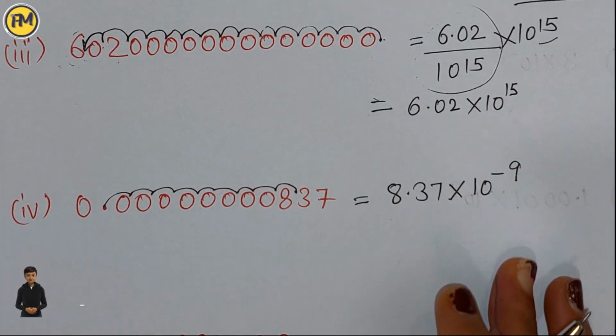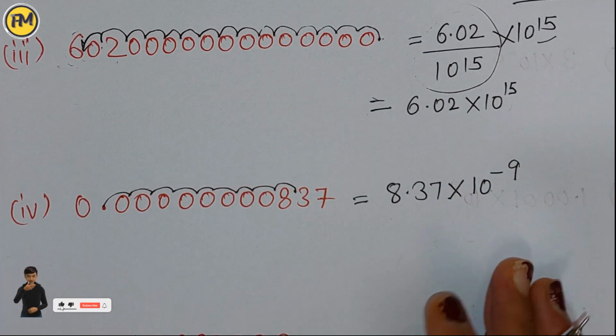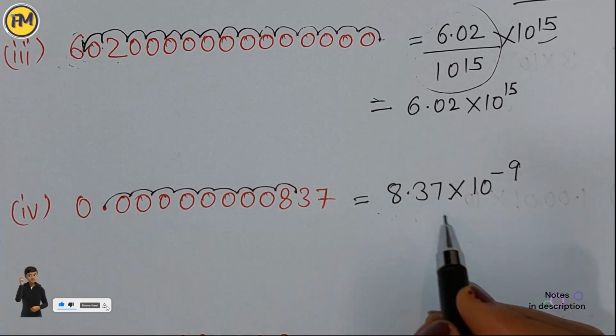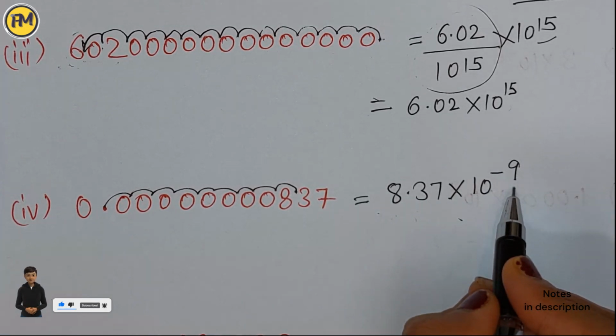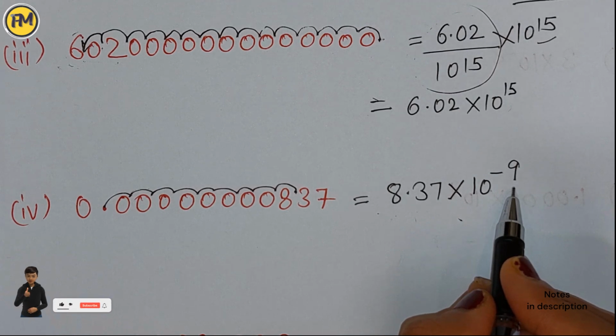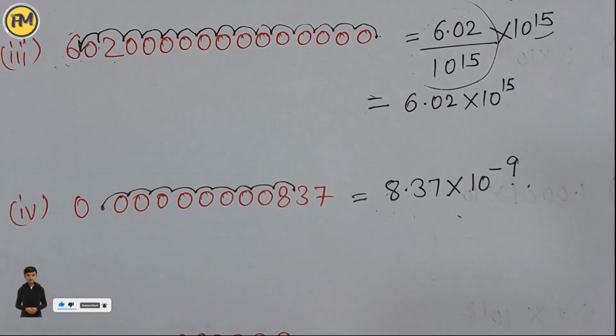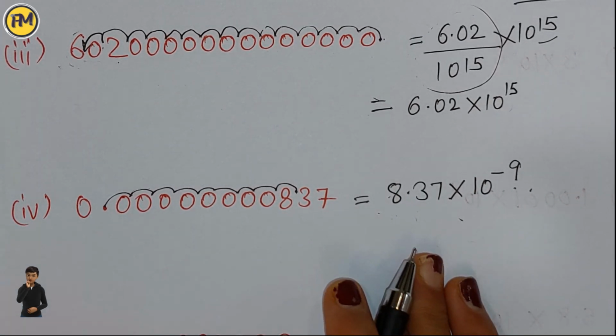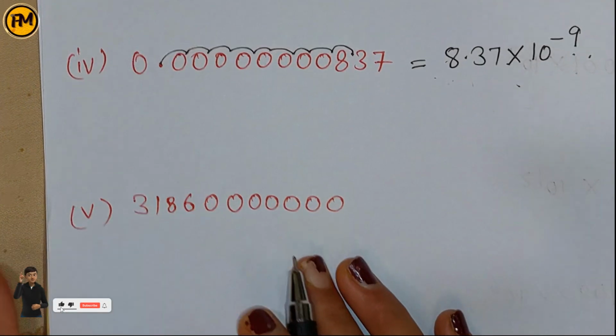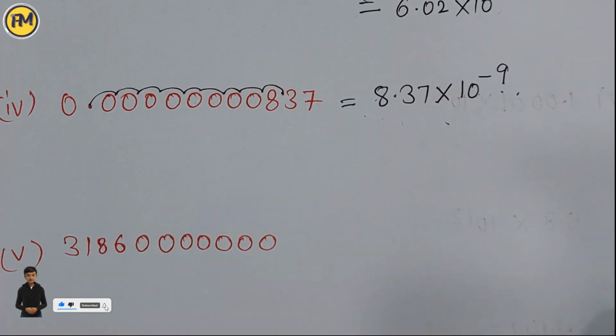In detail I already explained in part 1. You know already, if you are dividing by 10 raised to the power 9, then you have to multiply also by 10 raised to the power 9. If you are multiplying by 10 raised to the power 9, then you have to divide also by 10 raised to the power 9.